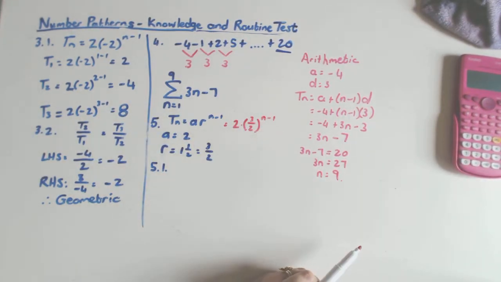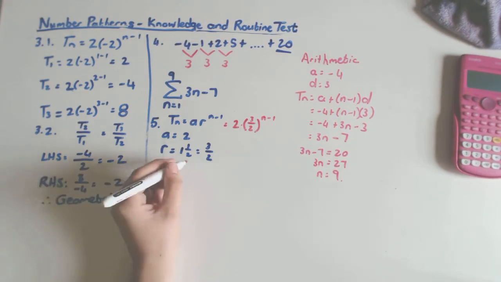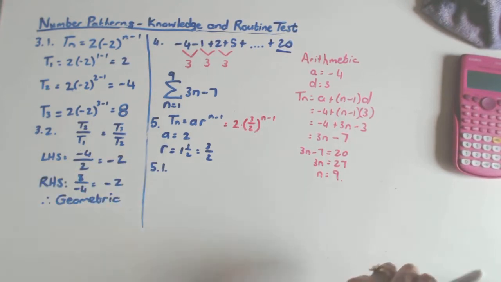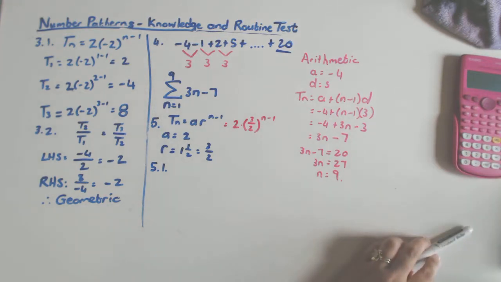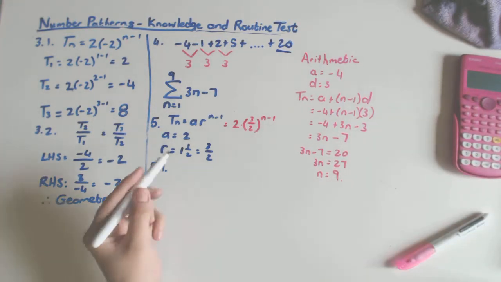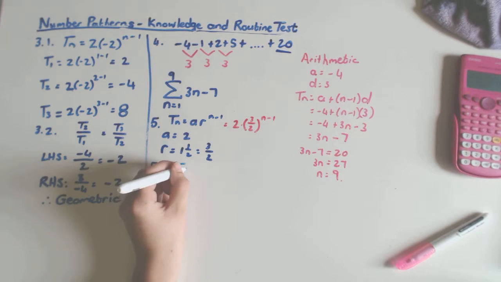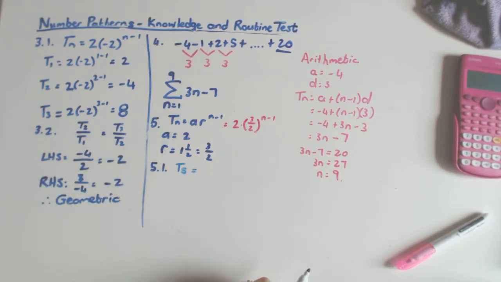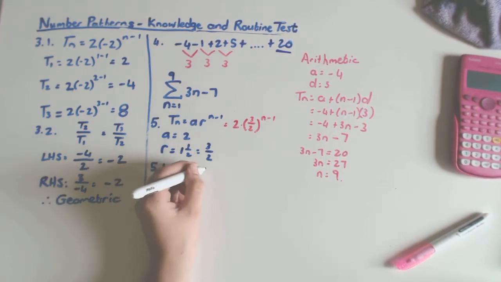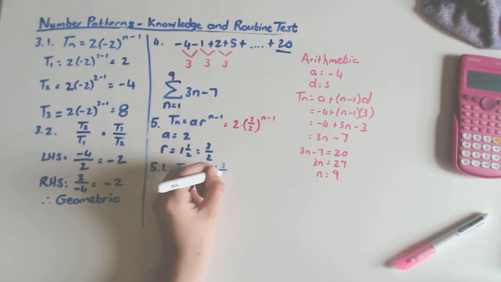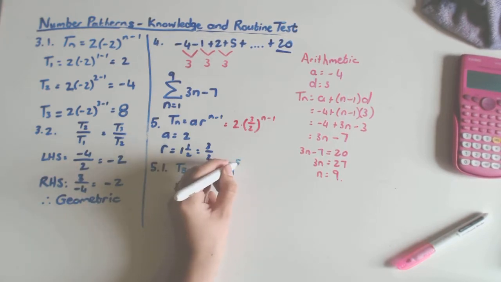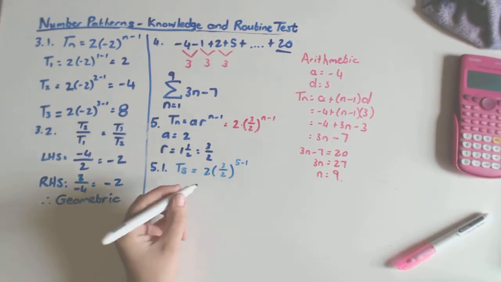So this is my general formula. Term 5 should be 2 times 3/2 to the power of 5 minus 1. Calculator that.